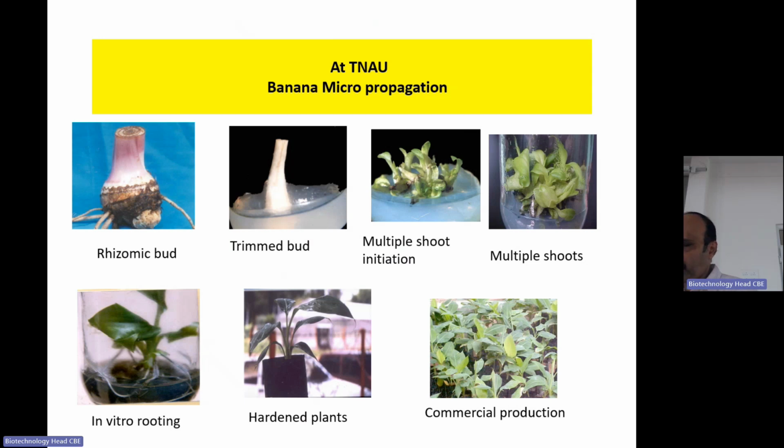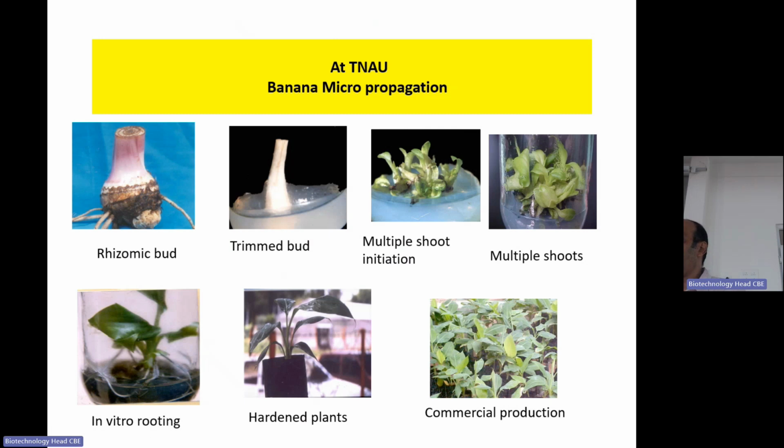So in the next class, when we get into the practicals, you will see, when you cut it, those striations, right? Those will be the nodes where you can have the axillary buds. Normally in banana, because the shoot tip is inside, the shoot tip controls all other side branching, right?